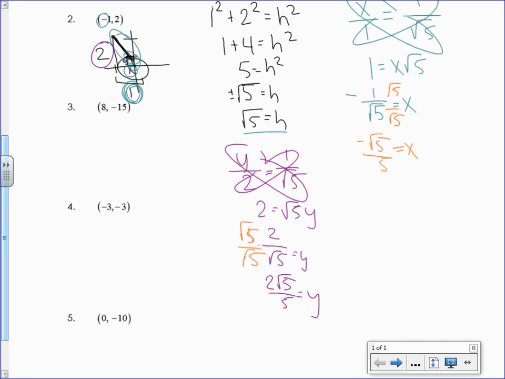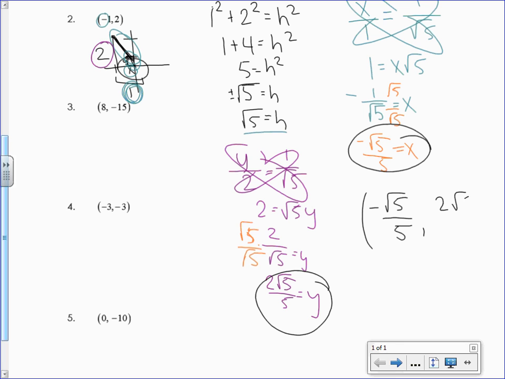Your final answer, because they're looking for a point, is going to be negative the square root of 5 over 5, my x value, and then my y value. Done. Notice the unit circle stuff uses that rationalizing stuff, and that's going to happen a lot. Those things are going to go together.